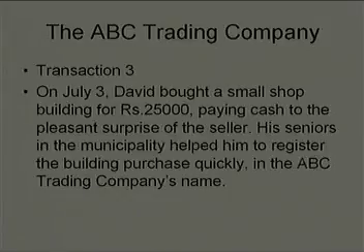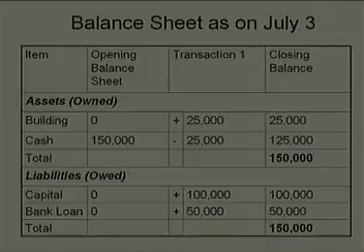So, this is as far as transaction number 3 is concerned. The company has bought a small shop building for rupees 25,000, that too in cash. So, if you try to incorporate this, you will get a balance sheet like this.